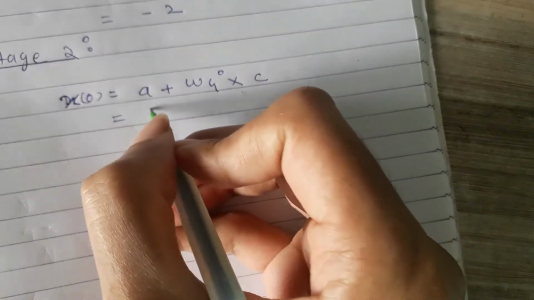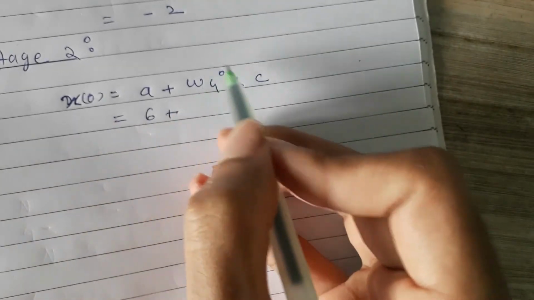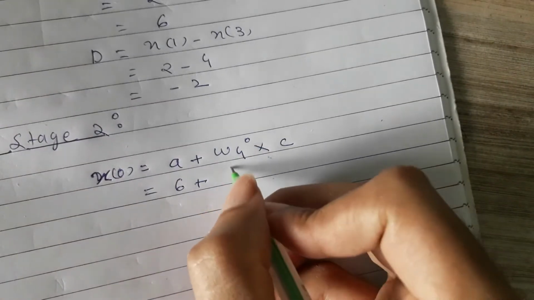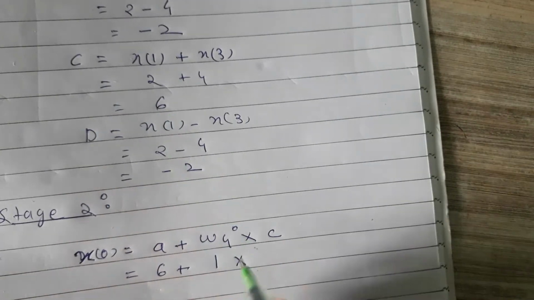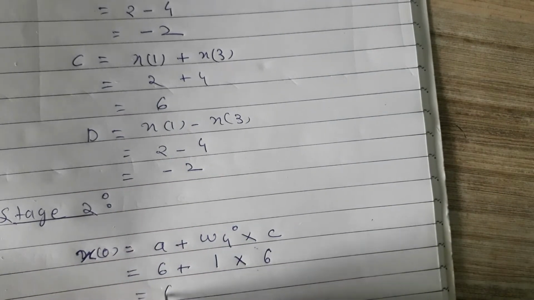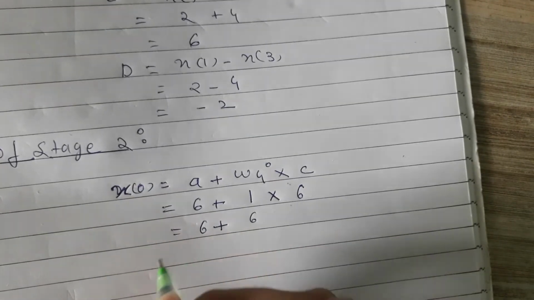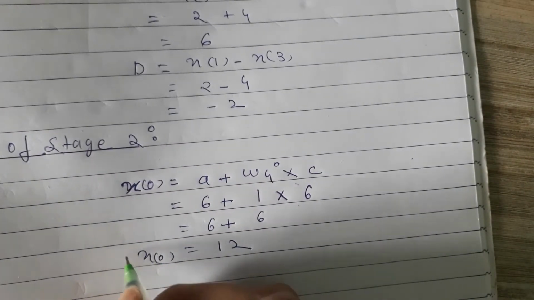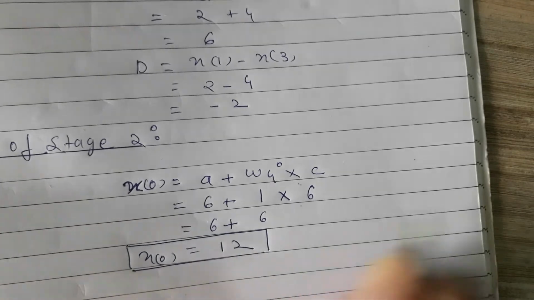So 6 plus W4^0, we have written the value of W4^0 here, that is 1, into C, we have calculated C, that is 6. So 6 plus 6 is equal to 12.